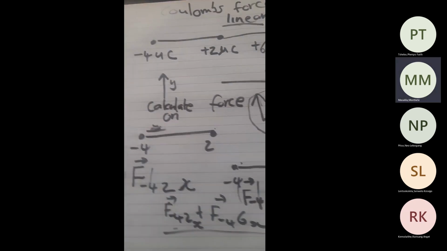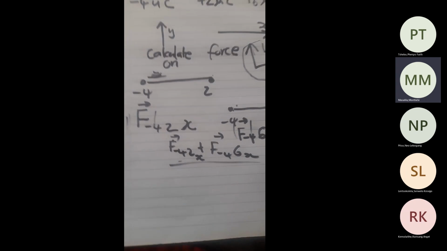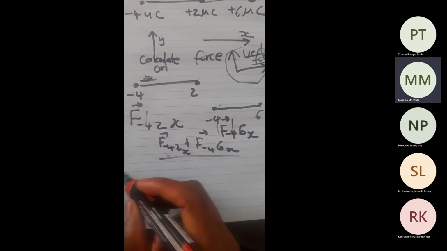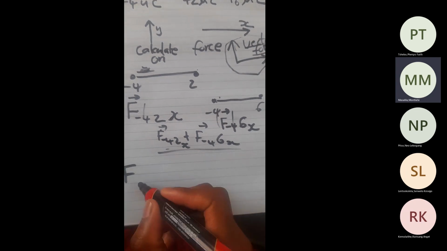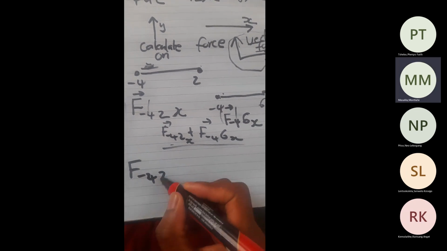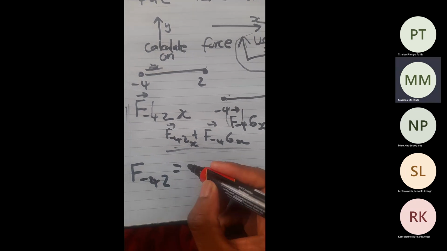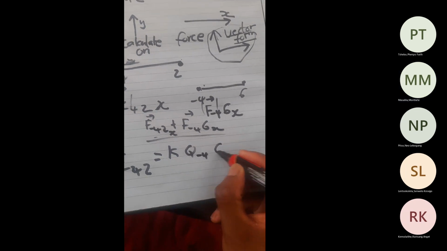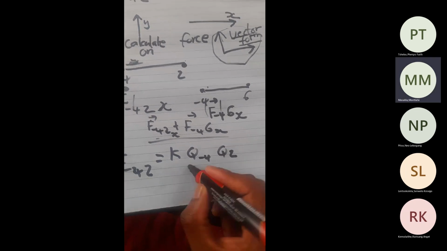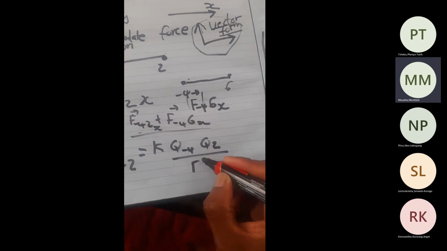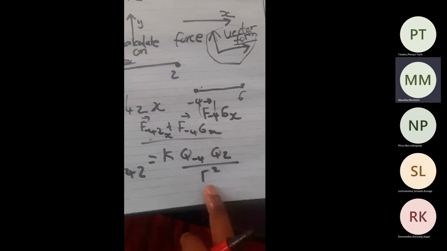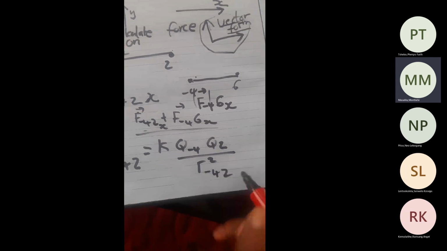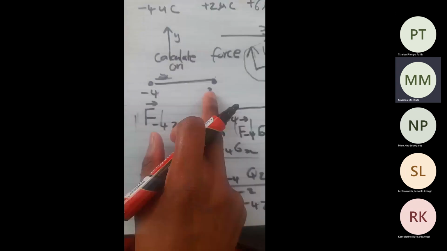So what is the formula of force on -4 due to 2? The force on -4 due to 2 is equal to K Q(-4) Q2 over the distance squared, the distance between -4 and 2.